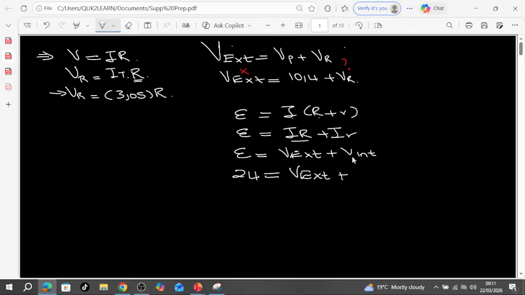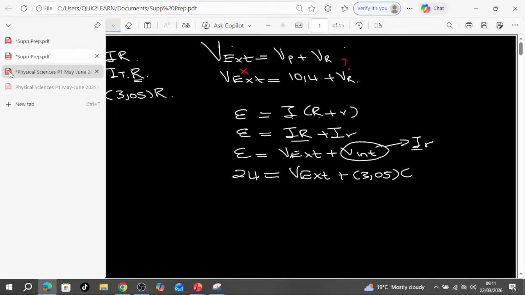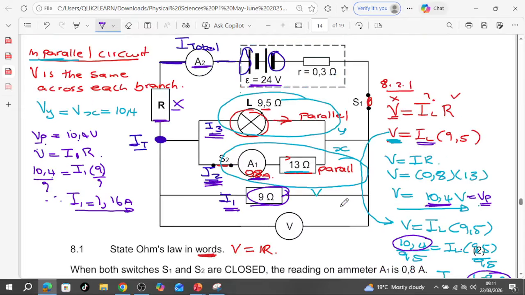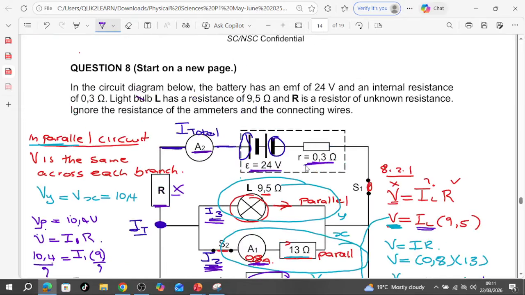Let me go back and change this. Now let's write this as I times small r, because we have the total current, which was 3.05. We can multiply that with the internal resistor, the small one. So the total was 3.05, and then we're going to multiply this with the small r.